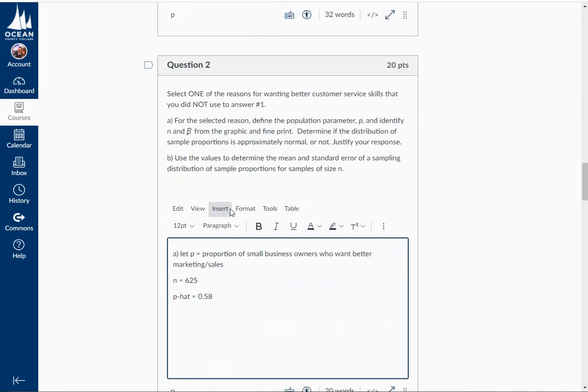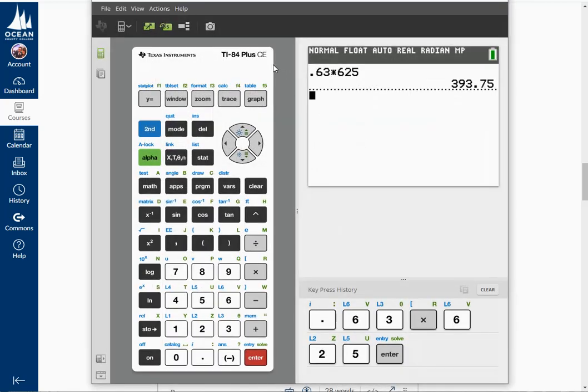Next, it says determine if the distribution of sample proportions is approximately normal or not. And so the normal check is just N times P hat times 1 minus P hat. And that just has to be greater than or equal to 10. So if you were to just plug this in your calculator, right?